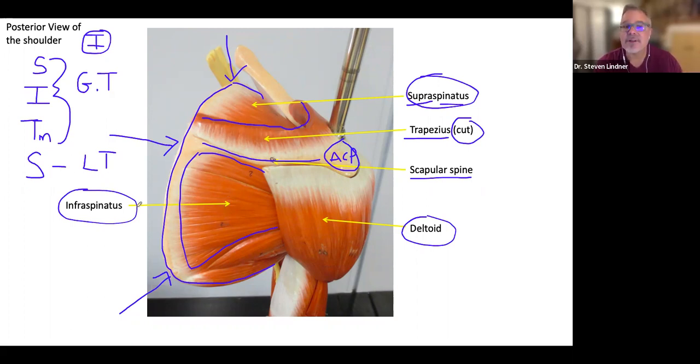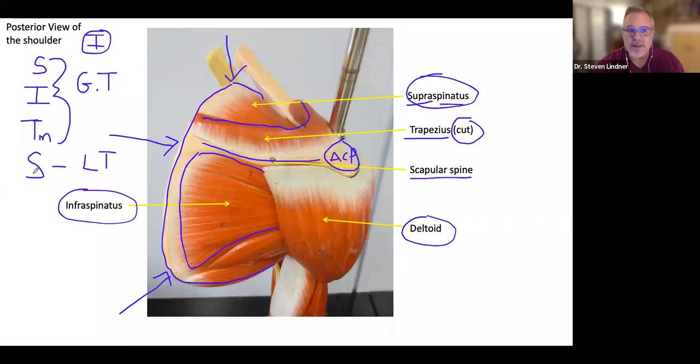Don't write infraspinatus fossa and supraspinatus fossa. There's no such species. It's the supraspinous fossa and the infraspinous fossa. So those are the origins for these two muscles, the subscapularis originates on the subscapular fossa.